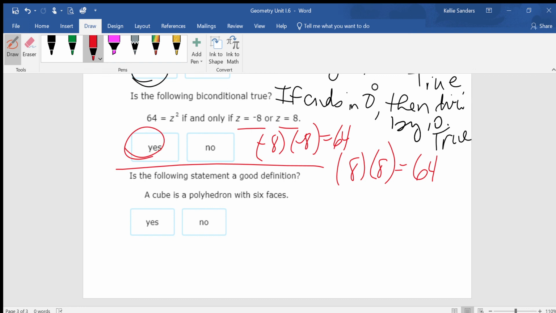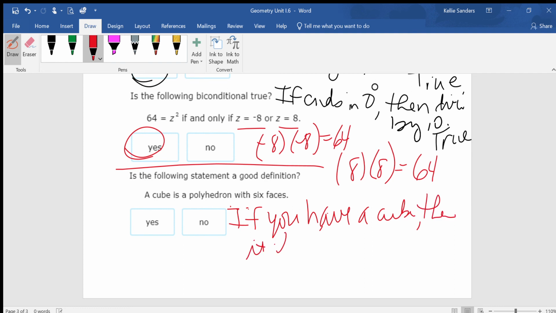A cube is a polyhedron with 6 faces. If you have a cube, then it has 6 faces. That is true.